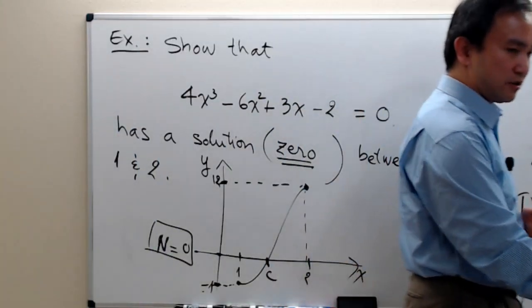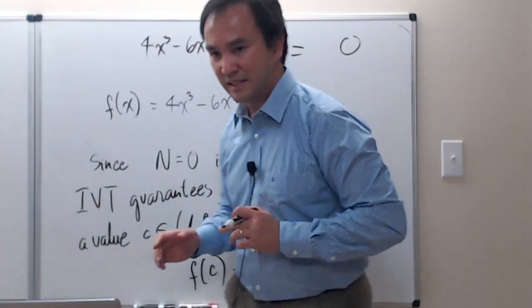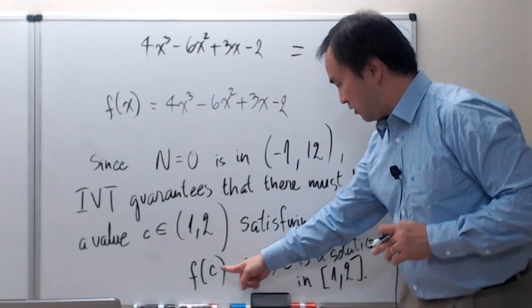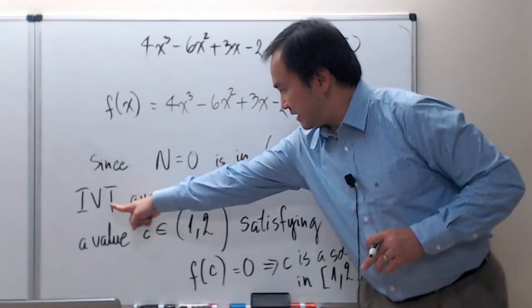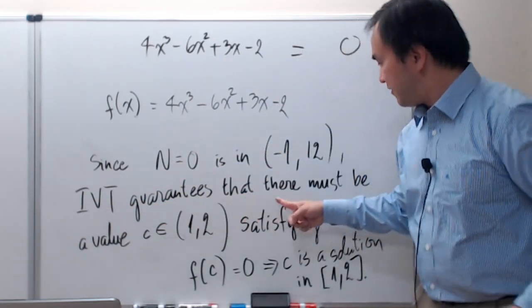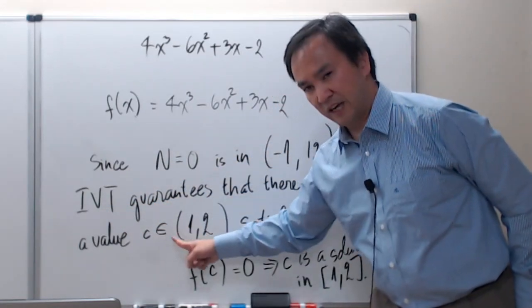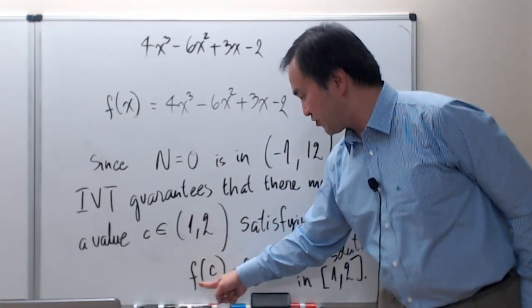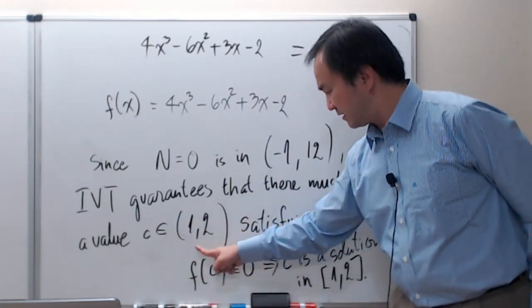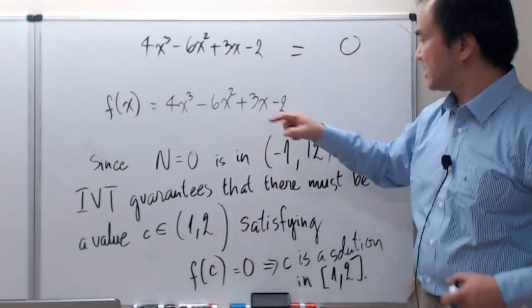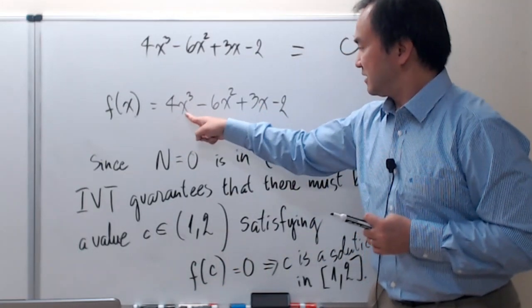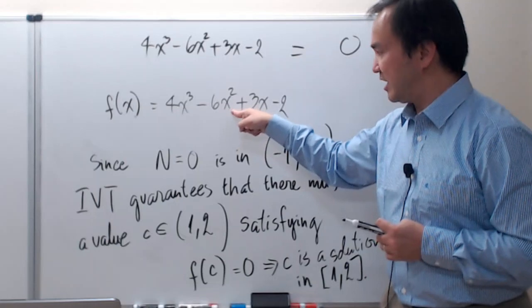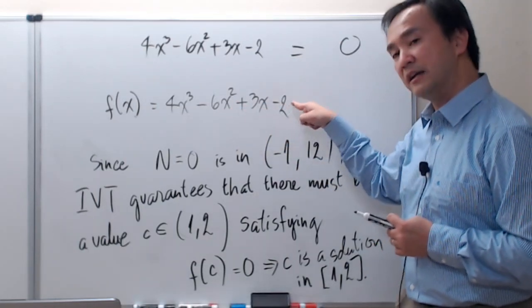We have made our conclusion. As soon as the intermediate value theorem guarantees for us that there must be a value c inside of that, and this value satisfies the function substituted c equals 0. But this f of c equals 0 is nothing but 4c cubed minus 6c squared plus 3c minus 2 equals 0.